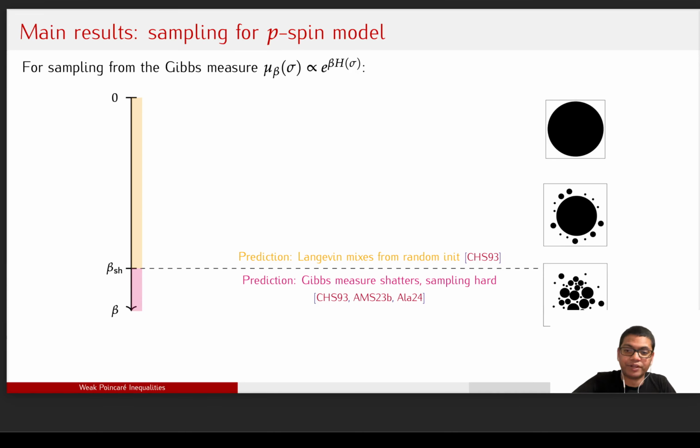And the prediction also was that beyond the shattering threshold, the solution space looks very complicated and that sampling is likely hard.